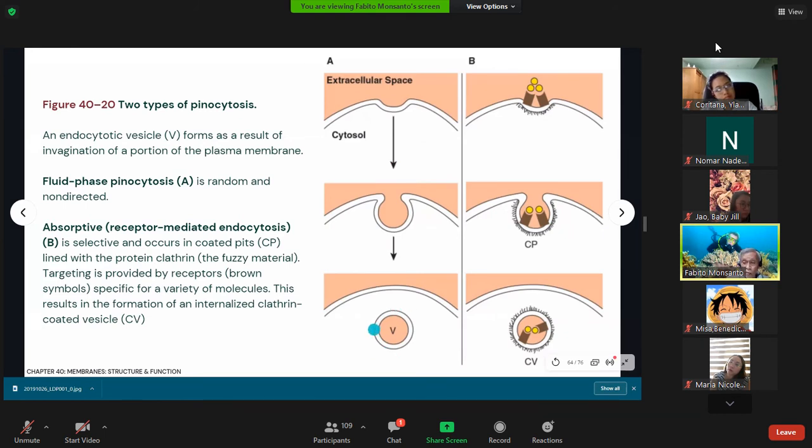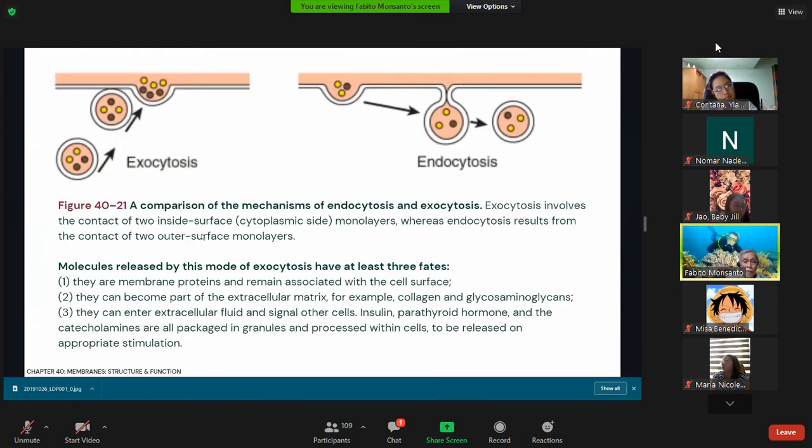Now this one, the molecules to be extruded out have to be inside a vesicle in which the membrane is similar to your cellular membrane, so that this membrane that encloses the macromolecules can become a part of your cell membrane.